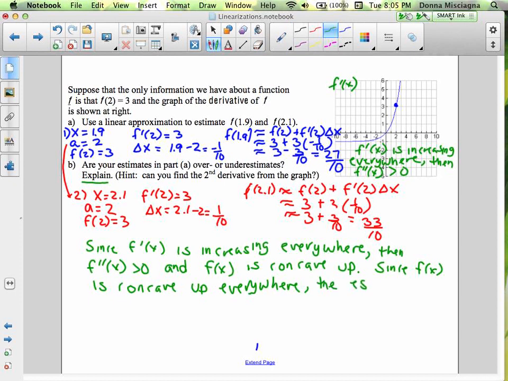The estimates, let's put approximations. So otherwise I have the estimates are going to be underestimates. So the approximations, although they use the words estimate twice in the question.